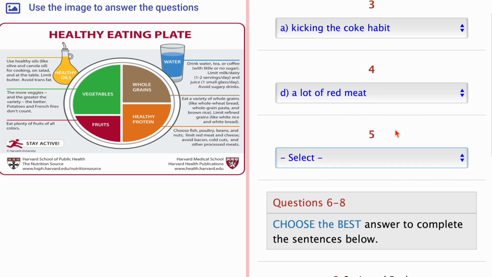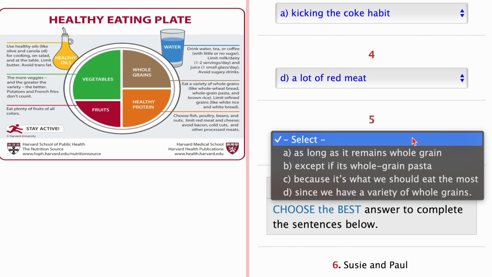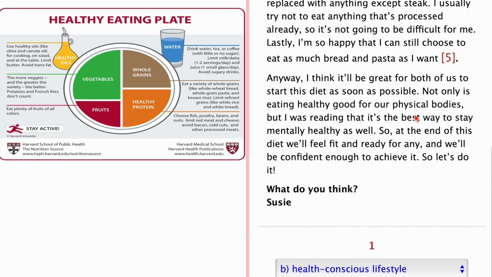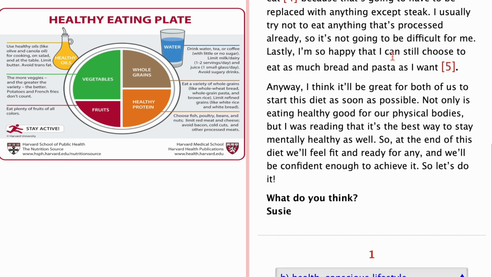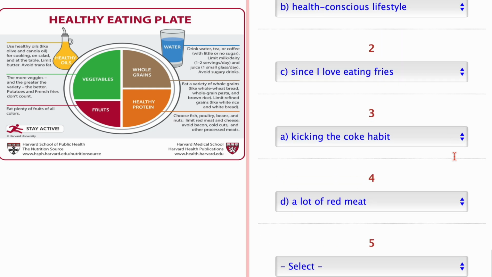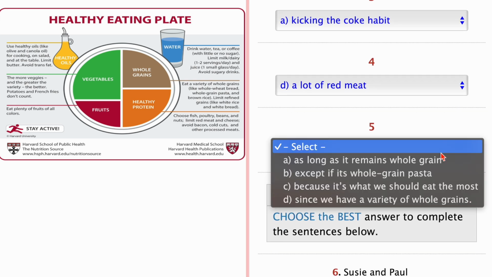So then, I'm so happy that I can still choose to eat as much bread and pasta as I want. Well, it's not B, right?